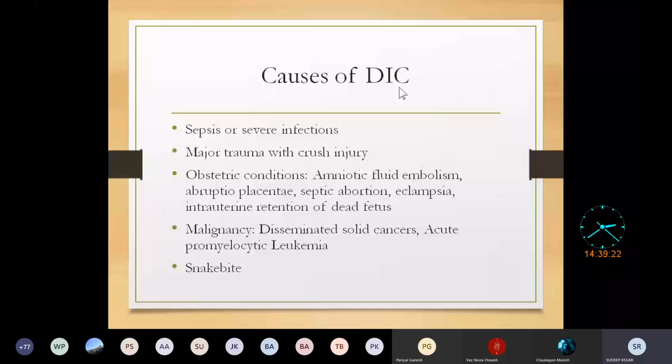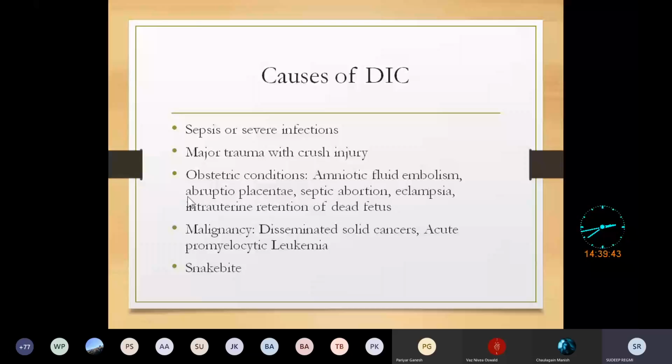In obstetric complications or conditions: amniotic fluid embolism, abruptio placentae, septic abortion, eclampsia, intrauterine retention of the dead fetus. So these are the obstetric conditions. For now, do not ask me what abruptio placentae is.